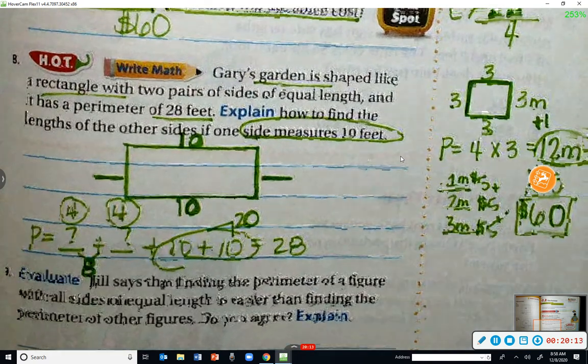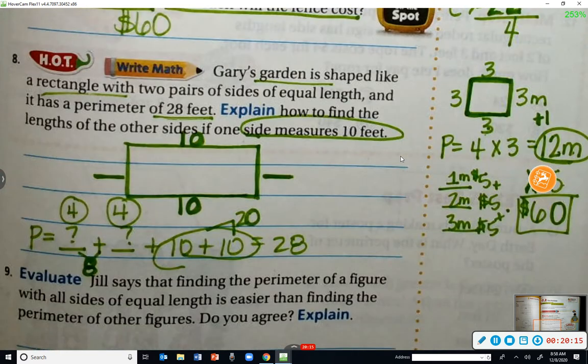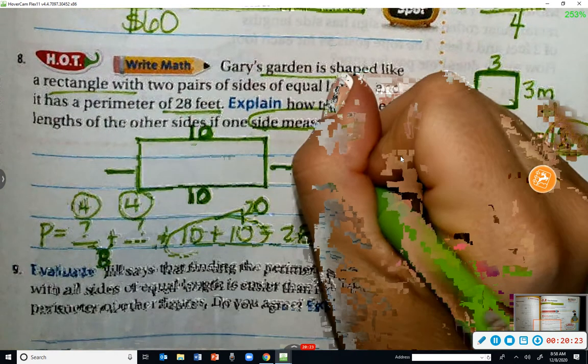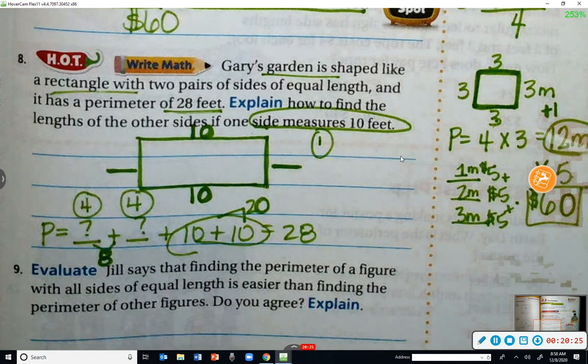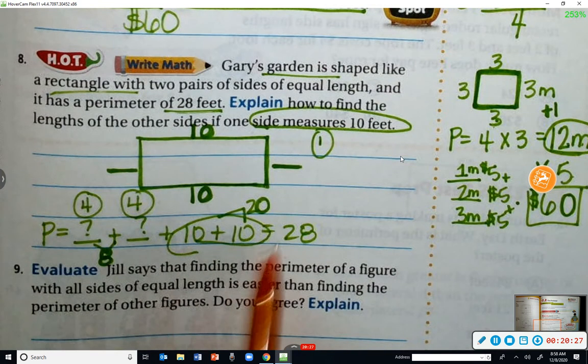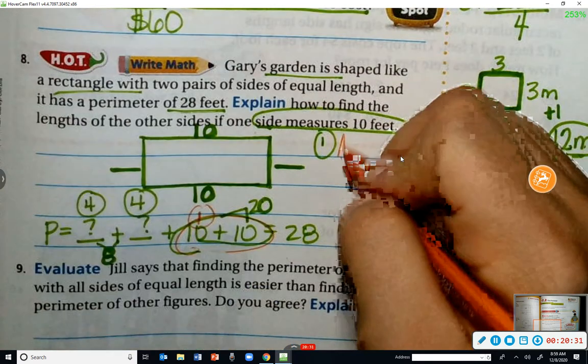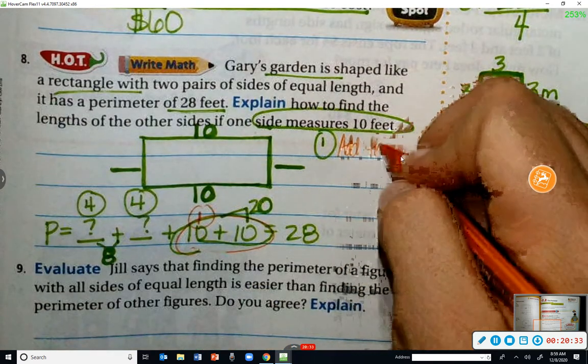Okay, now it says explain how to find the lengths of the other sides if one side measures 10 feet. So what was the first step we did? We did this part first, right? Yes. So we add the sides we know.